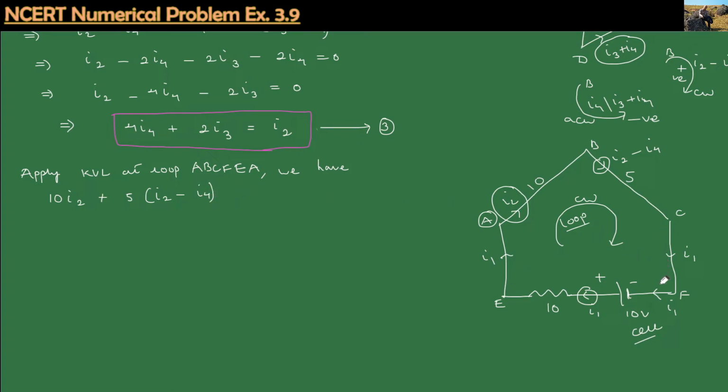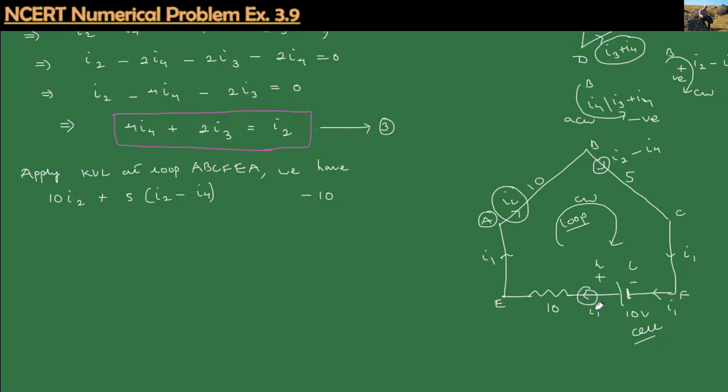Then from here the current moves and enters this cell. The EMF of that cell will be equal to minus, because there is a drop in potential if the current flows from the negative terminal of the cell, which is at a low potential, to a high potential. So the EMF of the cell will be taken as negative.